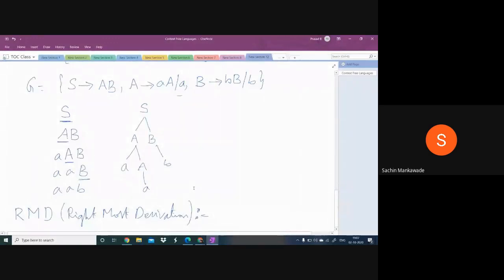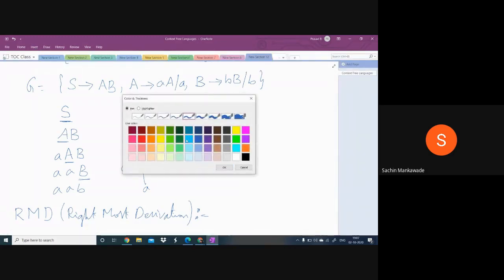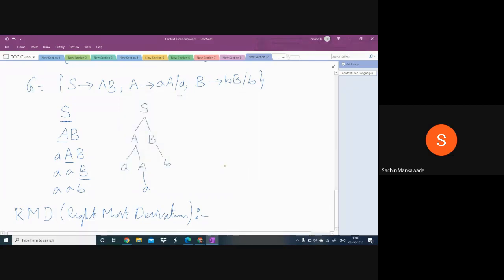If we apply a production every time to the rightmost non-terminal only, it is called RMD.